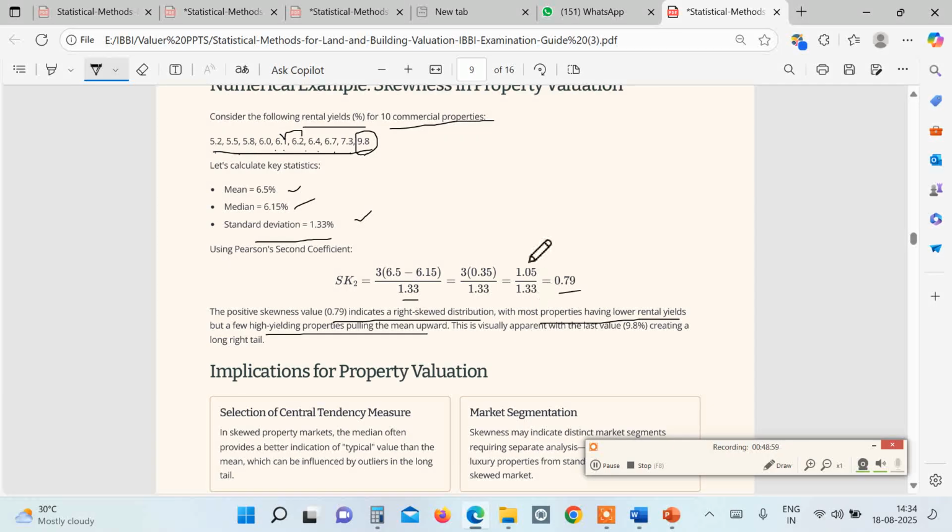This is visibly apparent with the last value. See here, it is 9.8 and the other values are from 5.2 to 7.3. So there is a higher value among the outliers, which is increasing the mean of all the values. So this is a positively skewed distribution.